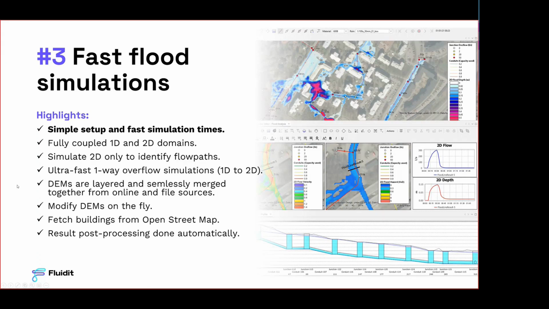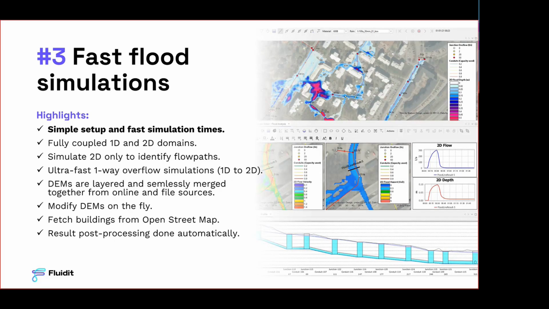And another nice thing, you can fetch buildings from OpenStreetMap. So to create obstructions because of buildings, you can just fetch them from OpenStreetMap. Or of course, if you got a GIS layer from City Council, you can import it and use it as such. And then another thing to highlight is that while you run the flood simulations, it also post-processes all the raster results automatically. So there's no post-processing required.